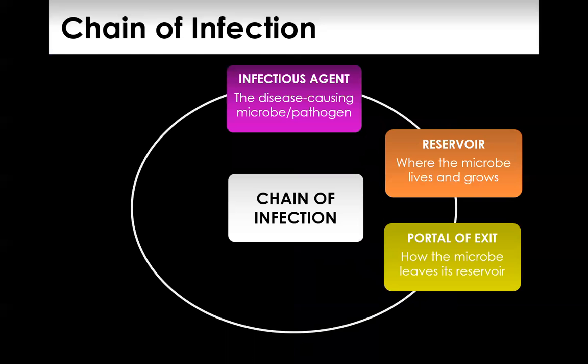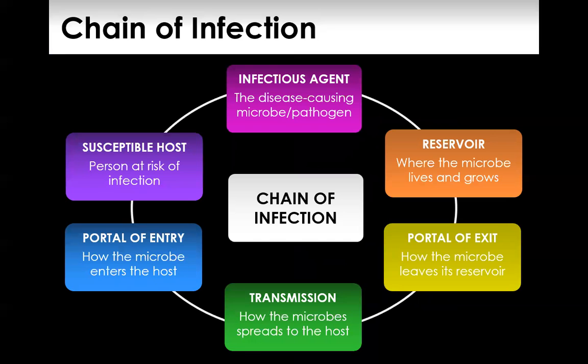Here's another visual of the chain of infection. This is really helpful, especially if you are a visual learner. Maybe you'll remember this circle. We have the infectious agent, the reservoir, the portal of exit, transmission, portal of entry, as well as the susceptible host.